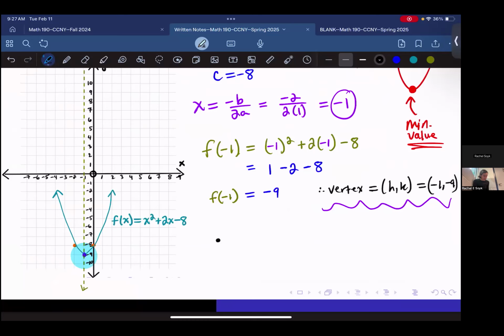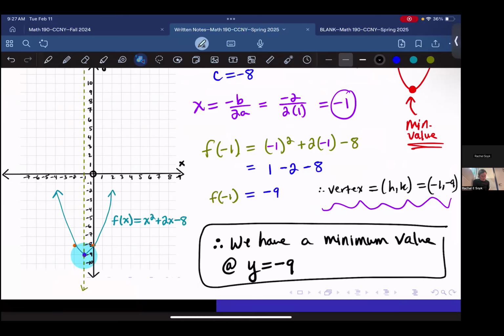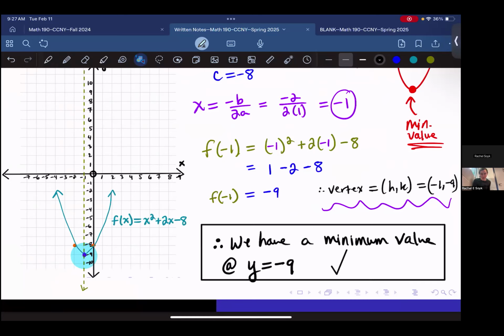So you write it as, therefore, we have a minimum value at y is equal to negative 9. And that completes the problem. And we're done.